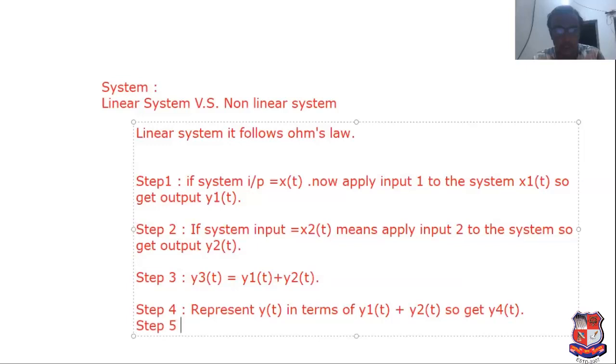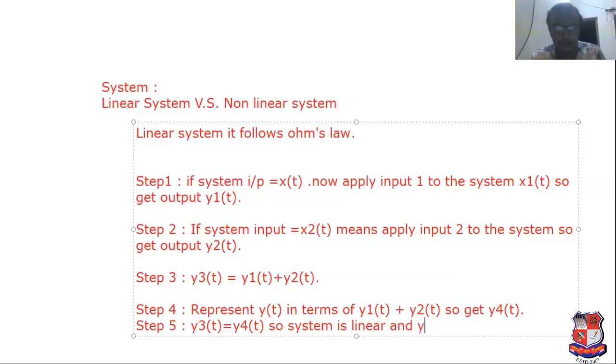Step 5, if y3 of t equals y4 of t, then the system is linear.